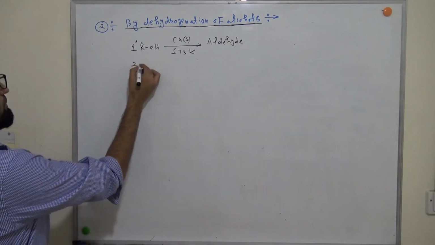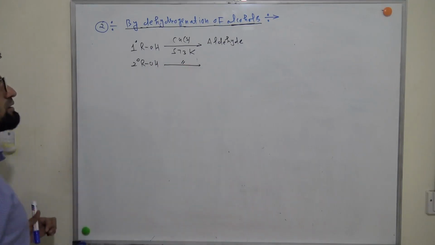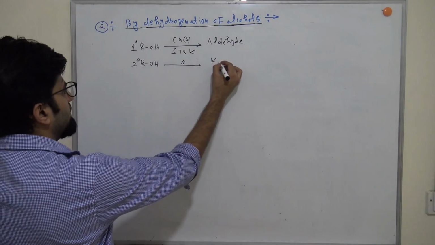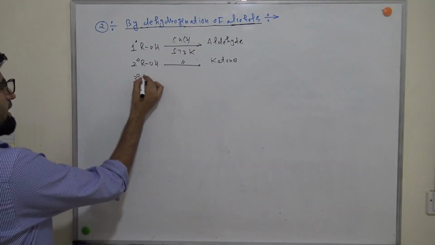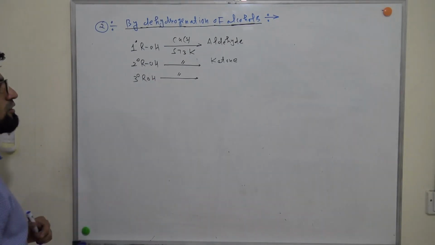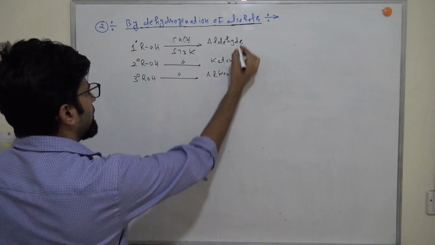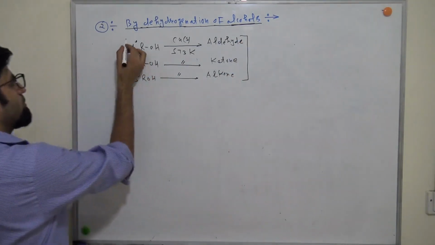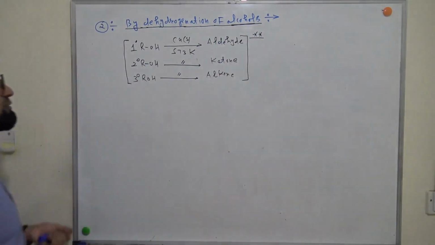And if you pass the vapor of 2 degree alcohol through copper at 573 Kelvin, you will get ketone. And if you pass the vapors of 3 degree alcohol, you will get alkene. So this reaction you have to remember as it is. Dehydrogenation of alcohol. Questions are very easy.